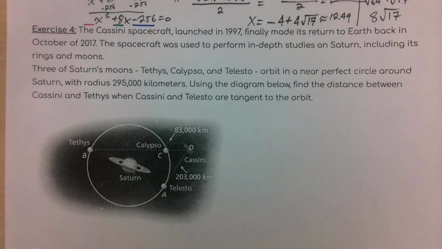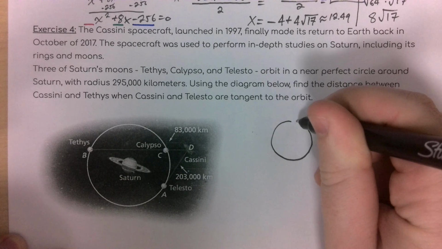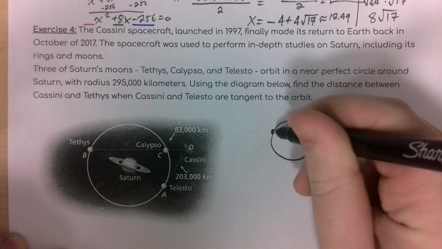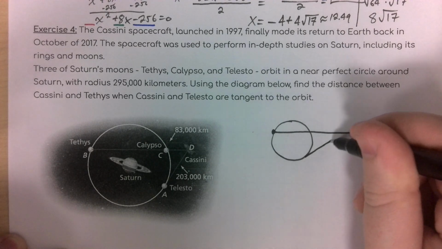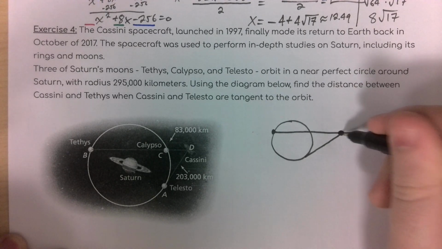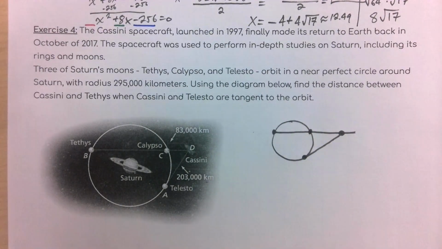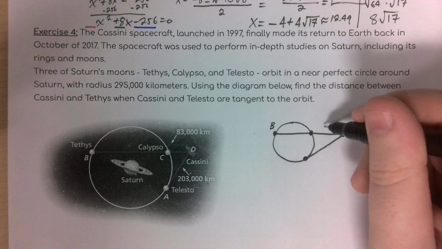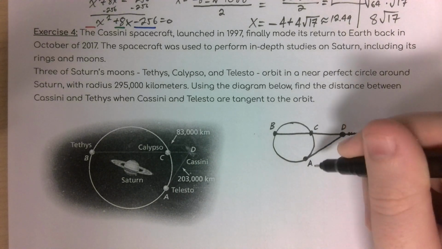It's a little hard to read on the black and white version, so I'm actually going to also go through the trouble of redrawing it. Here we go. B, C, D, and A.